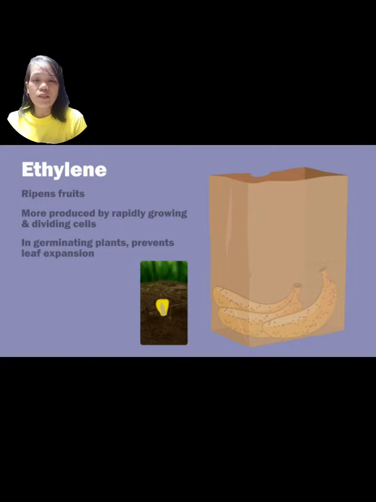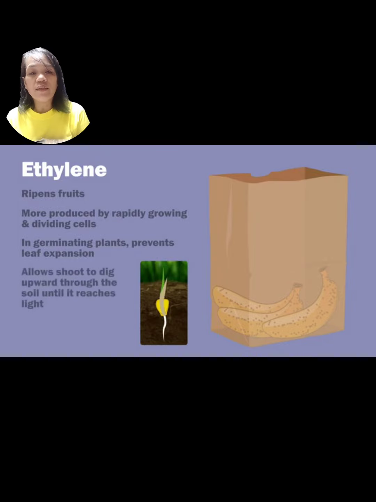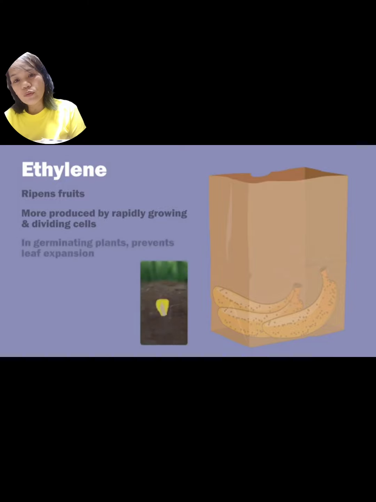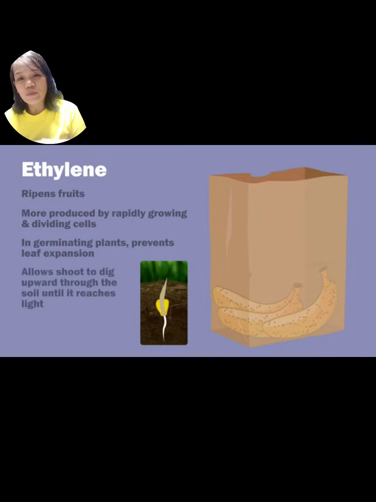Ethylene is a gas. High production of this hormone causes the expansion of the leaves, and it allows shoots to push upward through the soil.